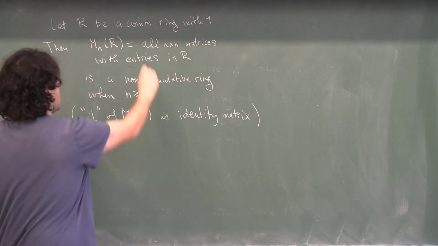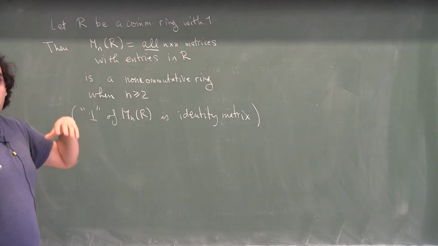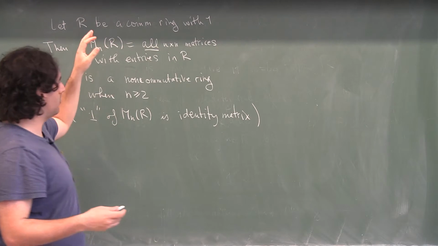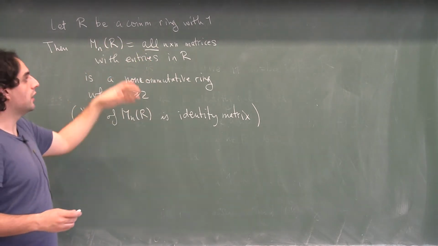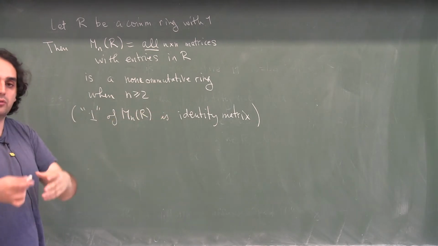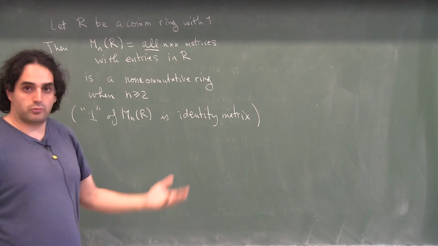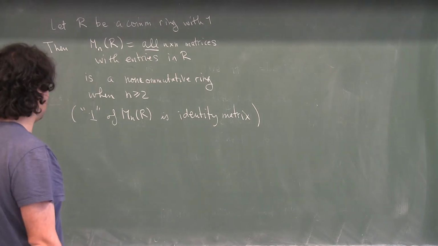And I say here all n by n matrices to specify: before we were considering the group of invertible matrices GLn. Here we're considering all matrices regardless of whether they are invertible or not. This is, of course, essential. If I add two invertible matrices, there's no reason for the sum to be invertible, but the sum will be another n by n matrix.